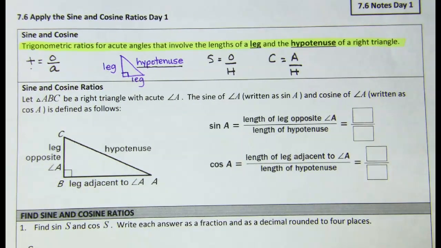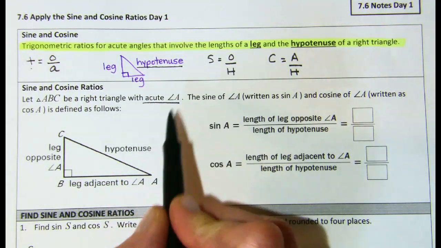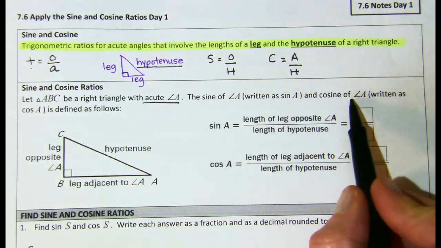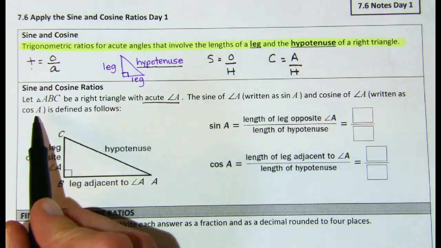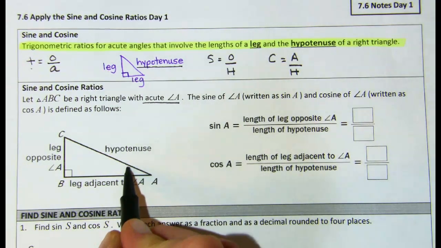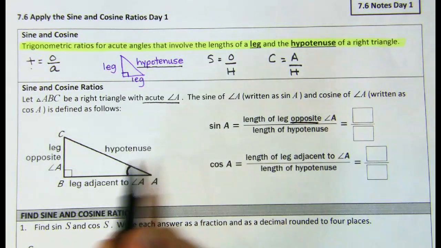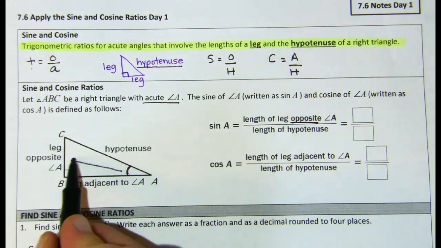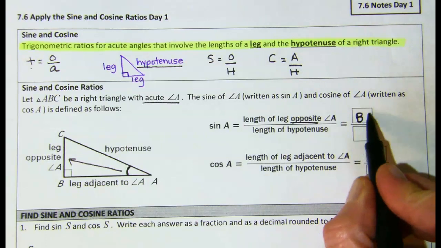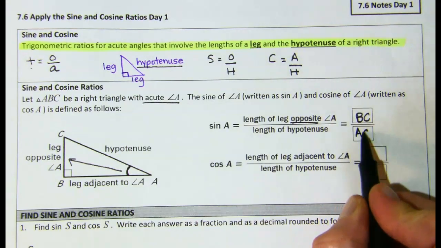It says let ABC be a right triangle with acute angle A. The sine of angle A, written as sine A, and the cosine of angle A, written as cosine A, are defined as follows. Sine A, with A as the reference angle, is the length of the leg opposite of A over the length of the hypotenuse. We will look opposite of A, and we will see that that is BC. The hypotenuse we will see is AC.